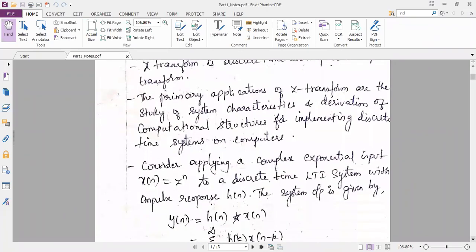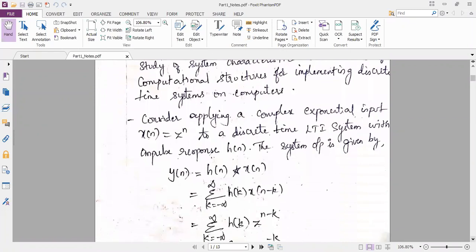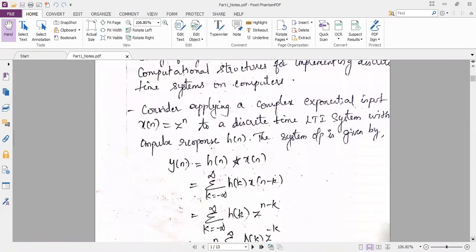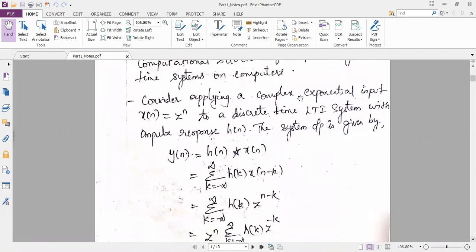Now we are going to discuss some related expressions of the Z transform. I am starting with x of n. I said the Z transform is only for discrete time signals. So x of n is equal to z power n. I have mentioned here, consider applying a complex exponential input.